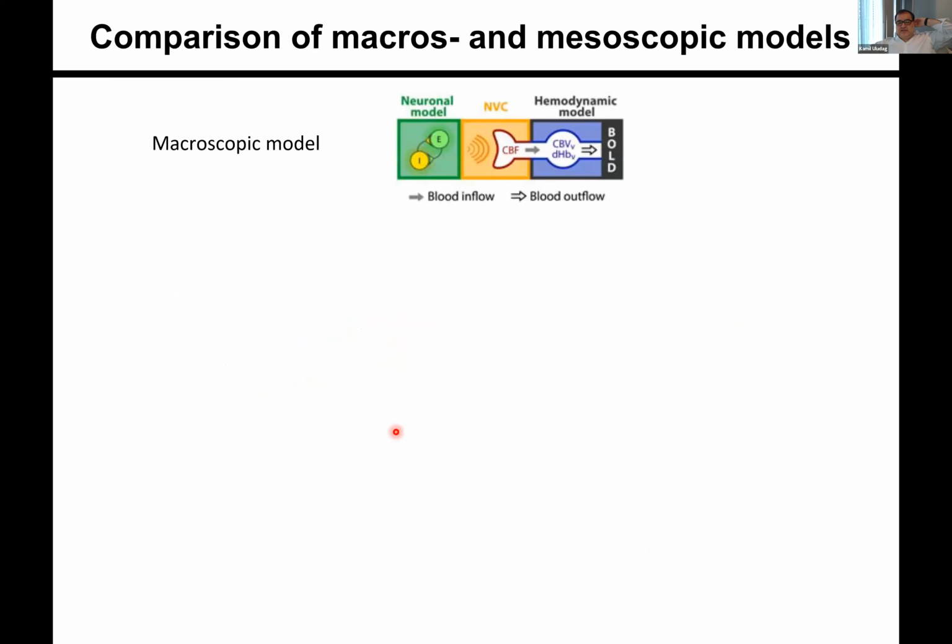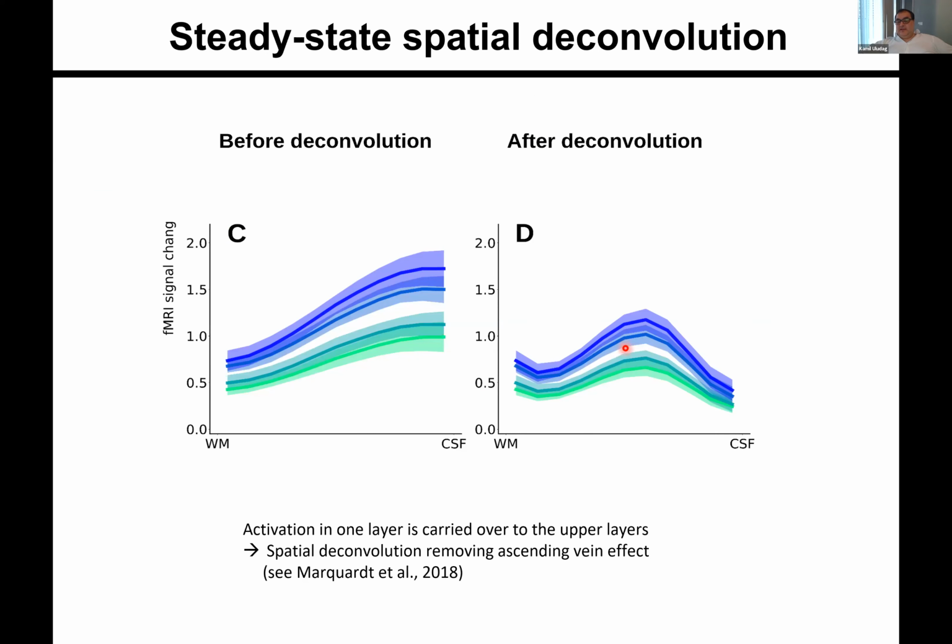And what you see is a peak in the middle layers, which looks like feed-forward stimulation, much more like what we would expect from electrophysiology. So I think even though laminar fMRI does not look like electrophysiology, with clever analysis techniques, we can hope to get back to the electrophysiological profiles.